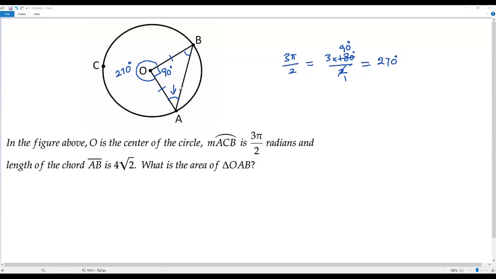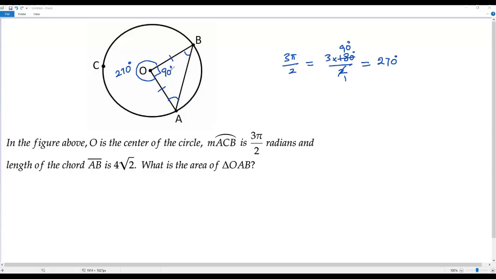Here the interior angle measure at vertex A and the interior angle measure at vertex B are both opposite to the sides of equal length. So in a triangle, if there are two interior angle measures which are opposite to the sides of equal length, then those two interior angle measures must be equal. So the interior angle at vertex A and the interior angle at vertex B must be equal.